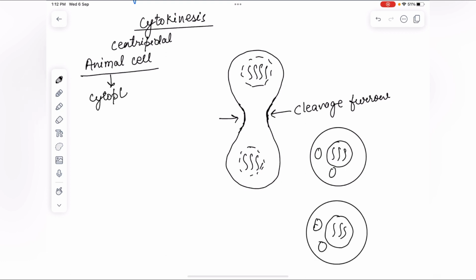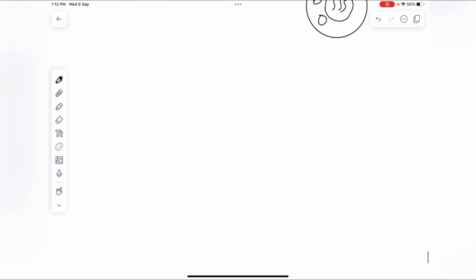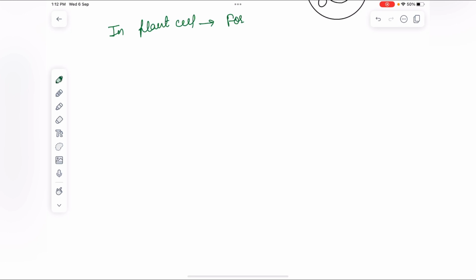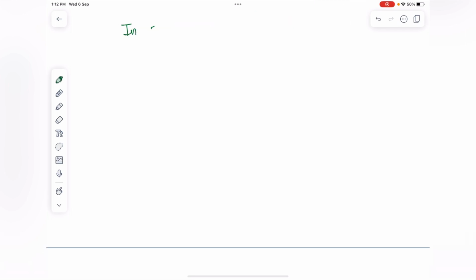Cytoplasmic division, cleavage. That is what happens in the animal cell. What about the plant cell? In the plant cell, there is formation of a cell plate. In the plant cell, this kind of cytoplasmic division will not take place. Why is it not centripetal?